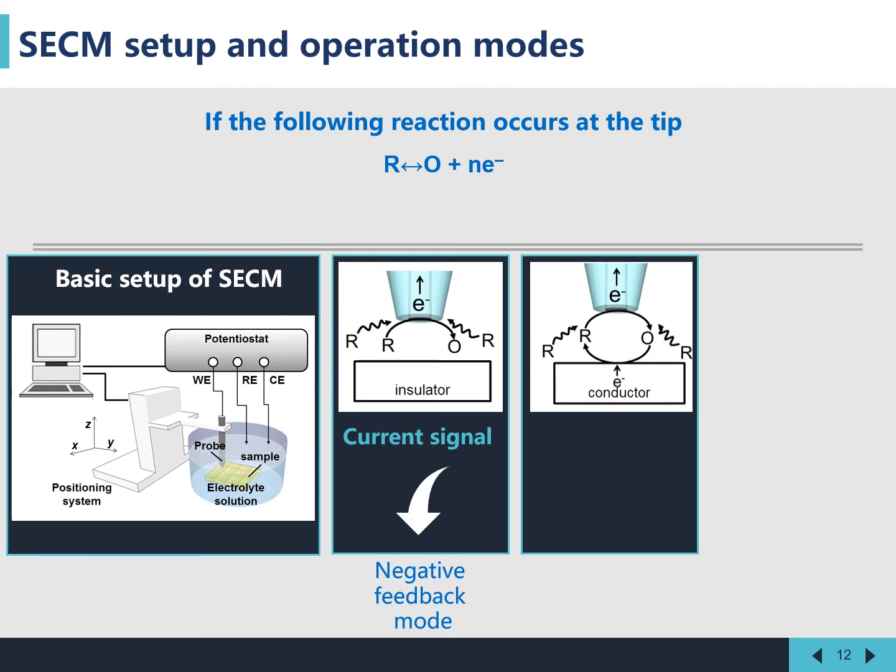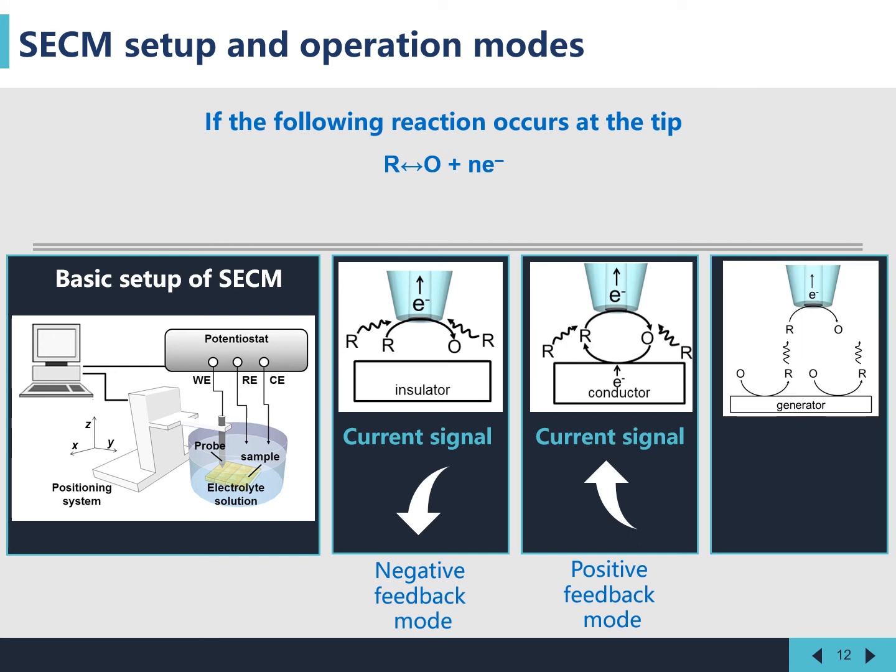In the second situation, the probe is approaching a conductor, so the conductor can regenerate the redox mediator. In this case, the current signal increases. So this case is called positive feedback mode.